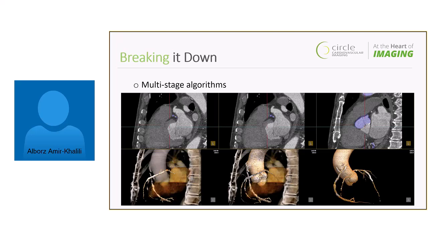And I actually advocate for breaking the problem down into multiple stages. But what could potentially happen when you break down, let's say, the localization of coronary arteries into two stages, where you first do a low resolution localization and then do subsequent refinements on that, is that you do get the problem of propagation of errors.